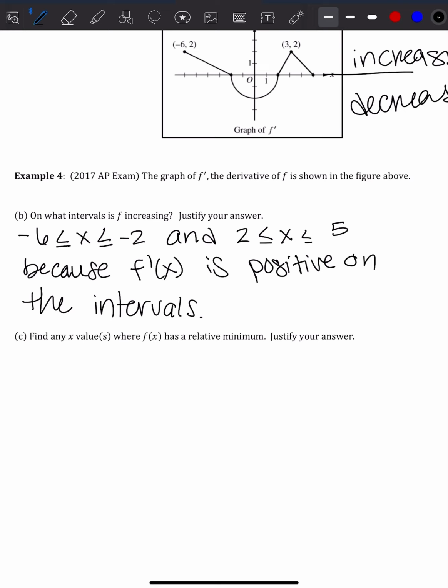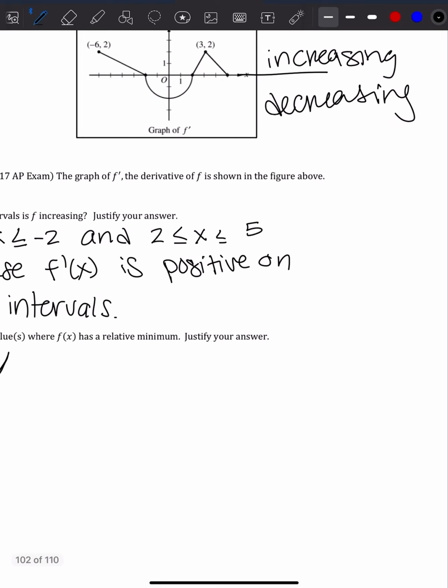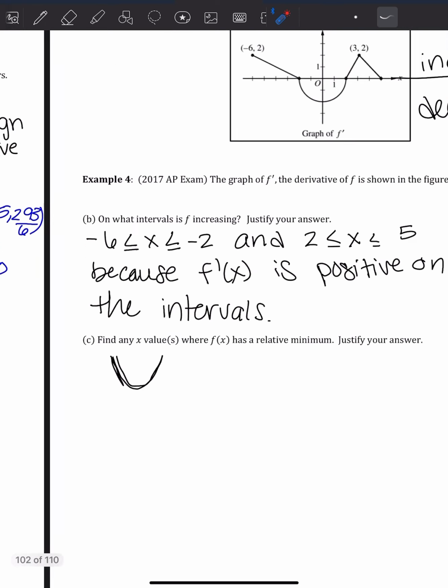Find any values where f has a relative minimum. So we need to think about what we're looking for. Relative minimum happens when we are going from decreasing to increasing. So we need to go from below the x-axis to above the x-axis. So if we look here, we are decreasing, now we are increasing. So this point in between those two, right here, is where that happens.